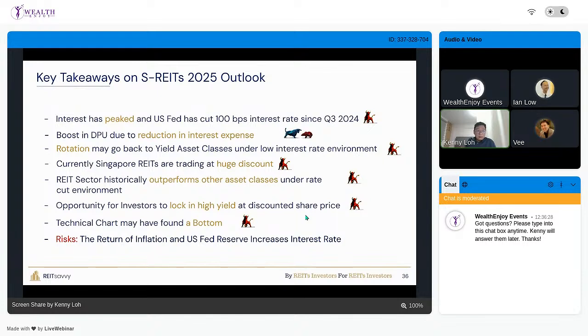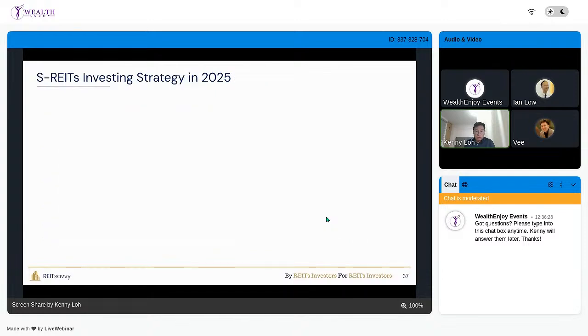The only risk would be the return of inflation and the US Federal Reserve starting to increase the interest rate. This is one of the very, very important elements I'm watching closely, to see whether the US Fed goes and increases the interest rate again. So that is a risk that investors have to pay attention to.